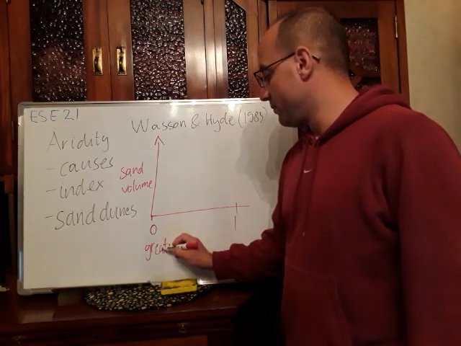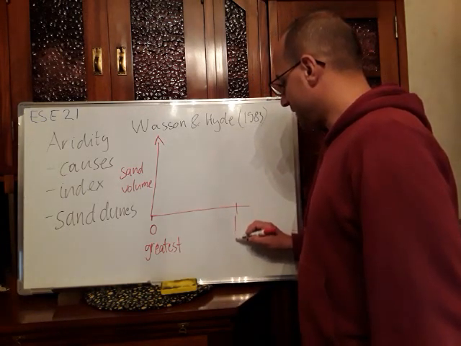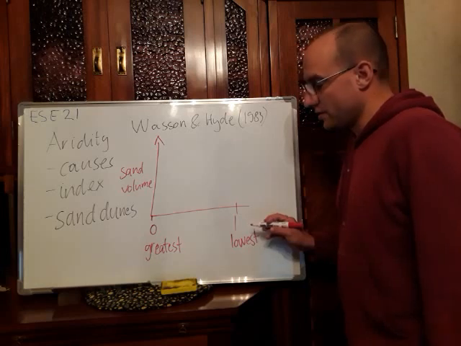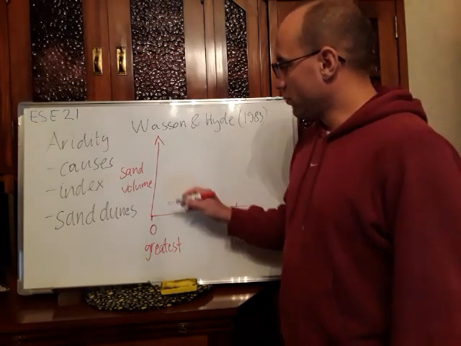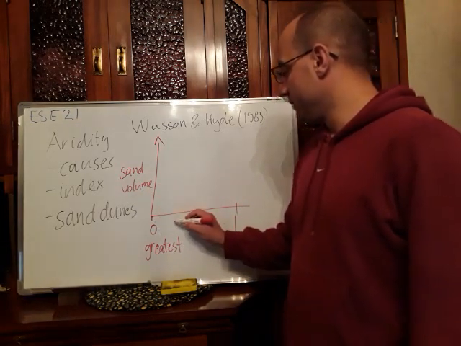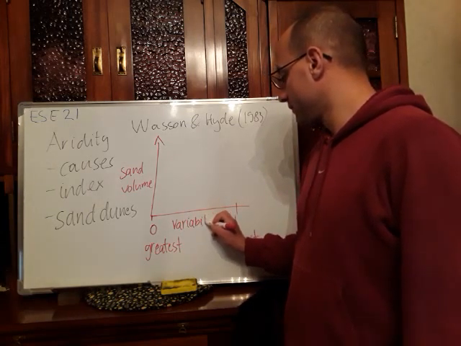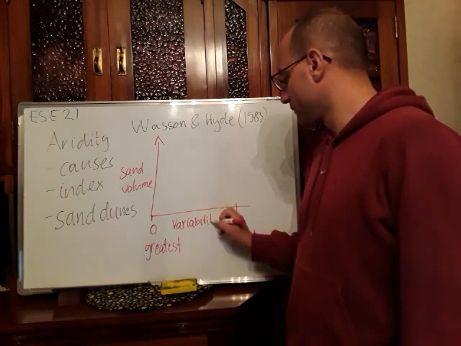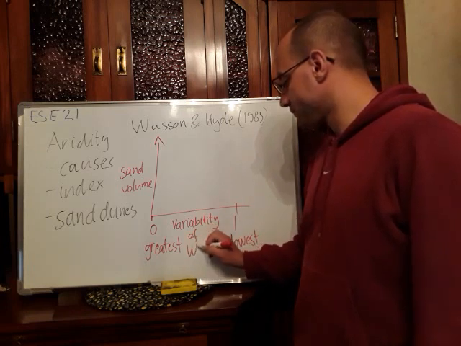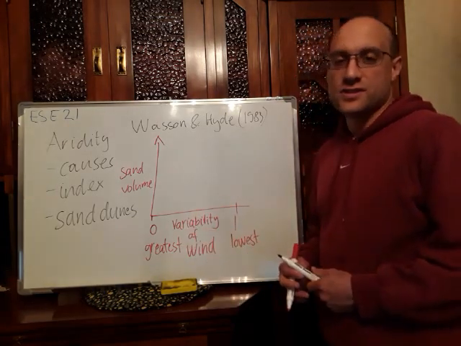This is how this model has been developed, so this is how I show it, just to make sure we know what this is about. So sand volume or sand availability and wind variability, that is about the directions of the wind.